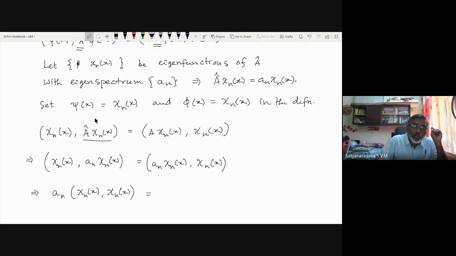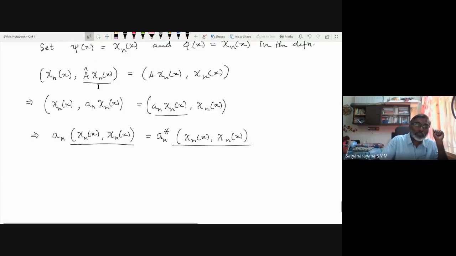Now, if I pull out this a n from the other side, then I will get a n star times (chi n of x, chi n of x). You see chi n of x and chi n of x on both sides, and that is not zero because this is the norm of chi n. The norm of any vector is zero only if that vector is zero.